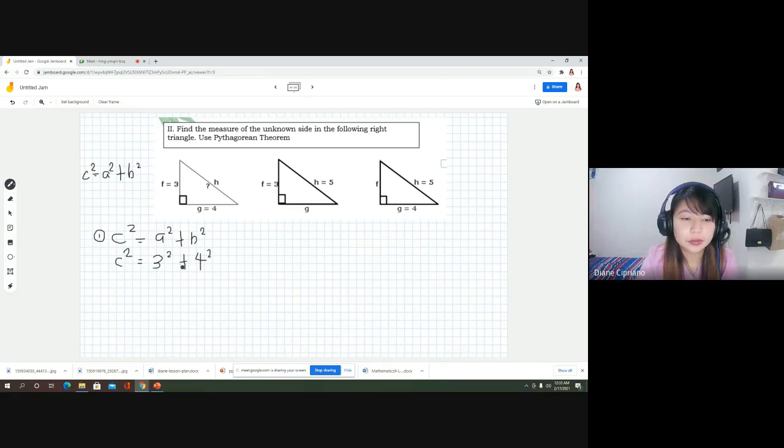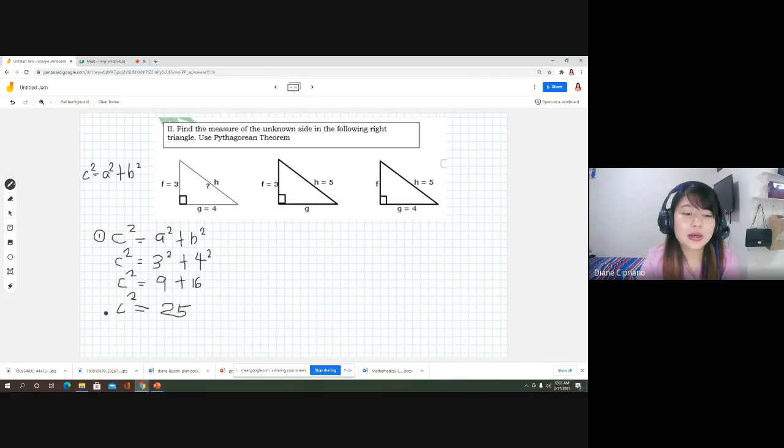The square of 3 is 9, the square of 4 is 16, and then we get c squared is equal to 25. But we are just looking for the value of c, or just the hypotenuse, and it is still in squared form.